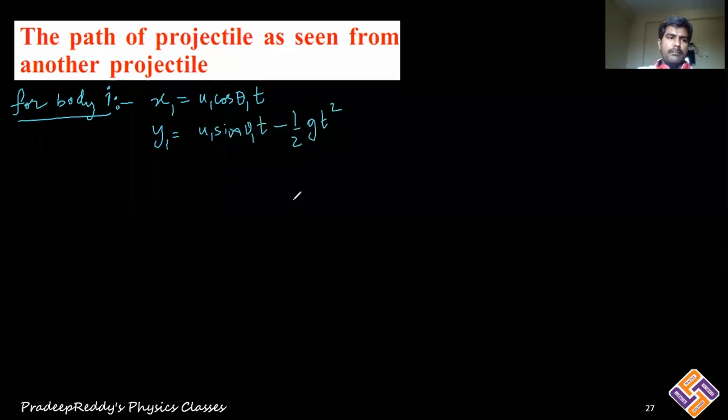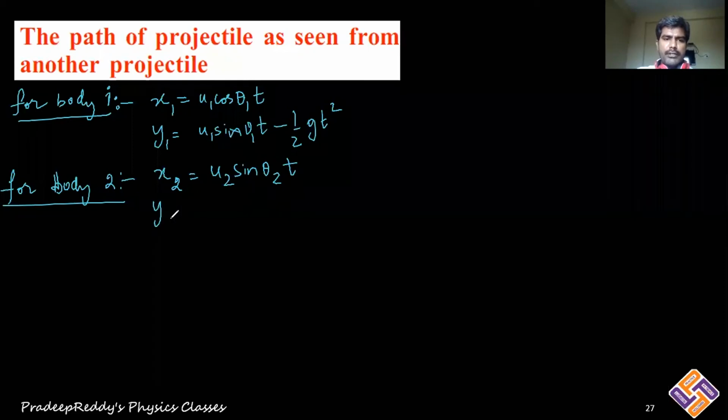That is for the first body. For the second body, the distance traveled along the x-axis is x2, which is equal to u2 cos theta 2 into t, and the distance traveled along the y-axis is y2, that is u2 sin theta 2 into t minus half g t square.